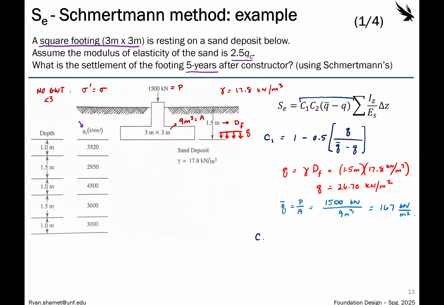So our C1 is going to equal about 0.909.